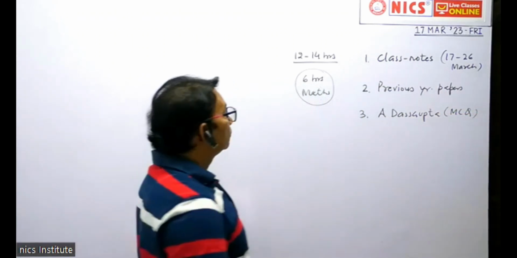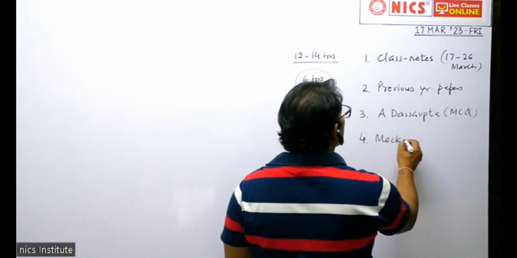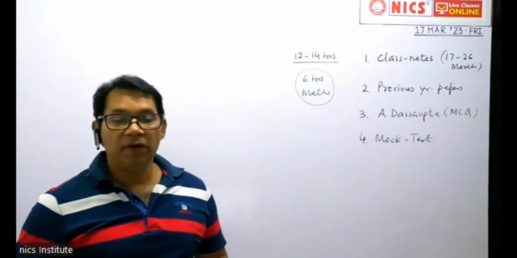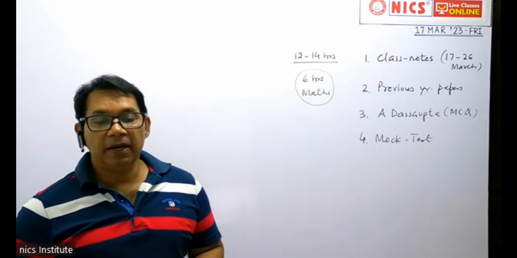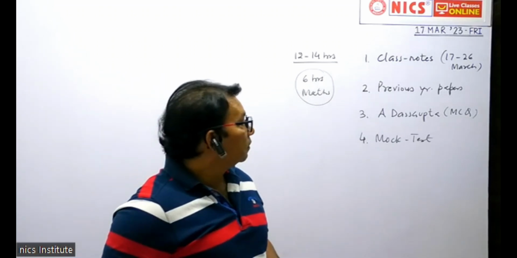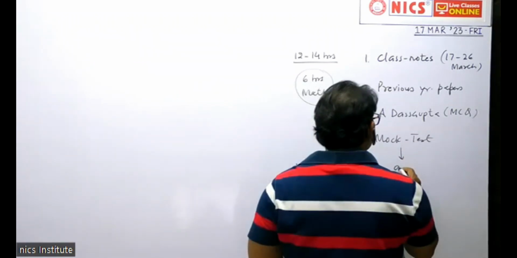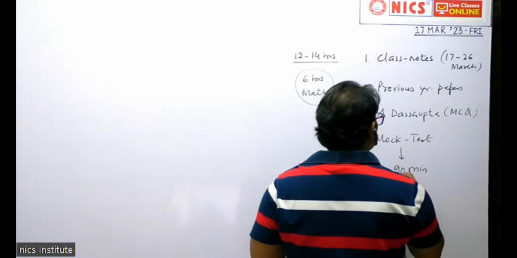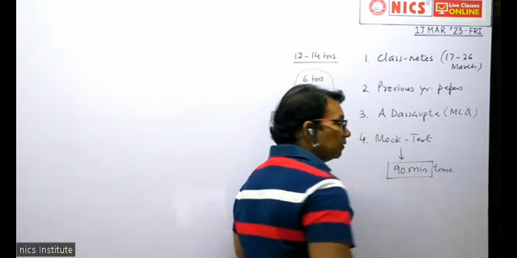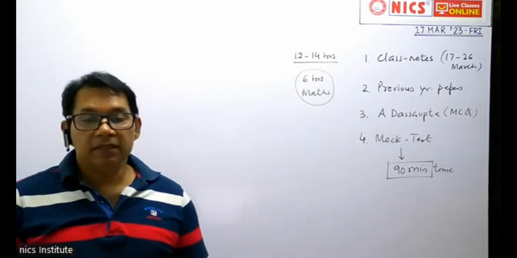And also keep writing mock tests where you can time yourself, give yourself 90 minutes, and in 90 minutes, try to attempt as many questions as you can. So this should be the strategy for the next 20 days.